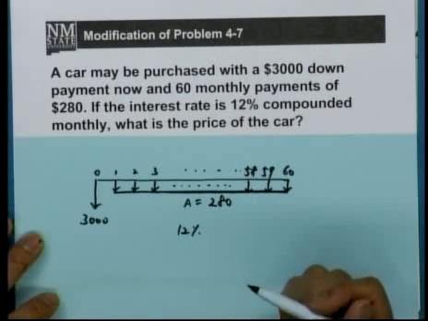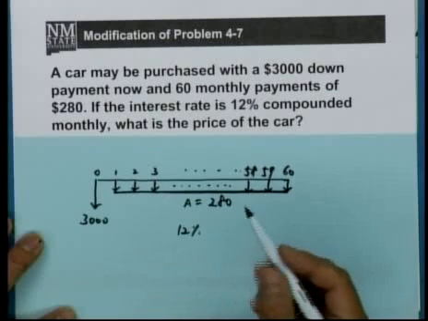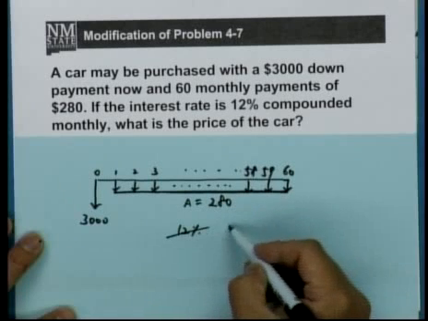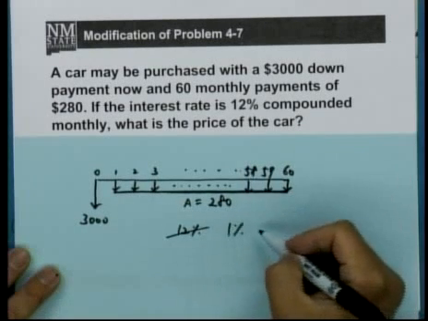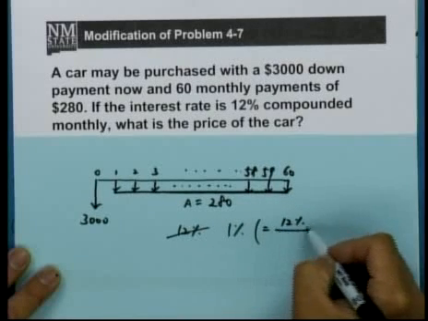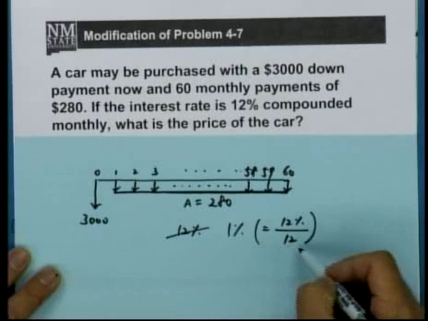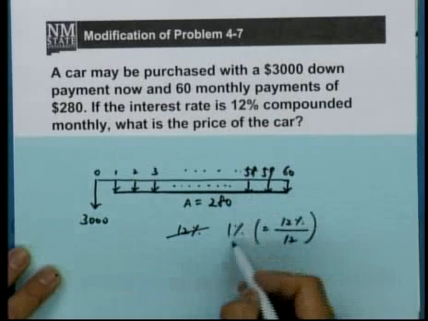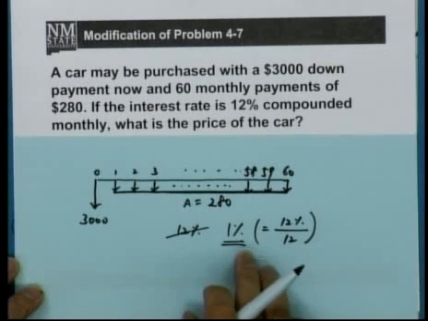So which interest rate are we going to use? We are going to use 1%. Why is that? Because 12% should be divided by 12, because there are 12 months in a year, right? So 1% is the correct interest rate that you are going to use.